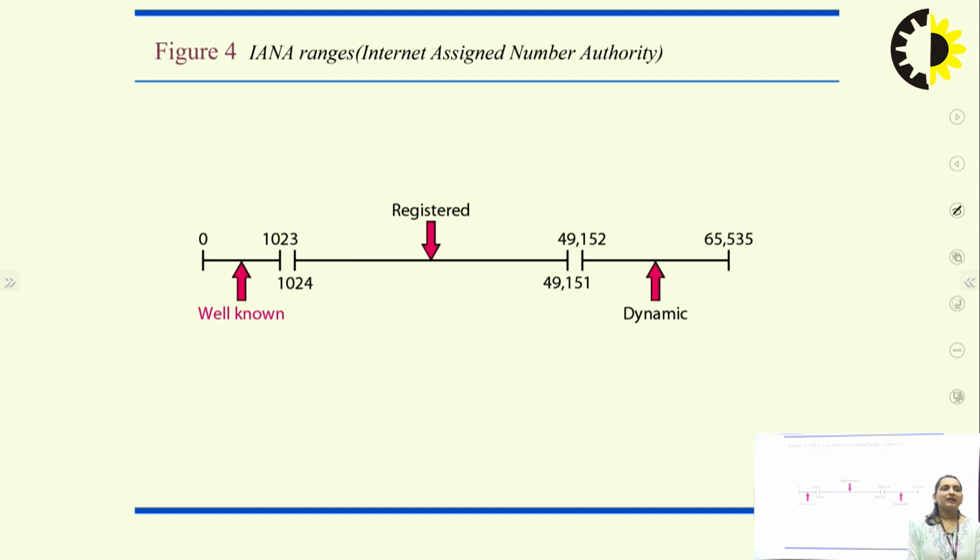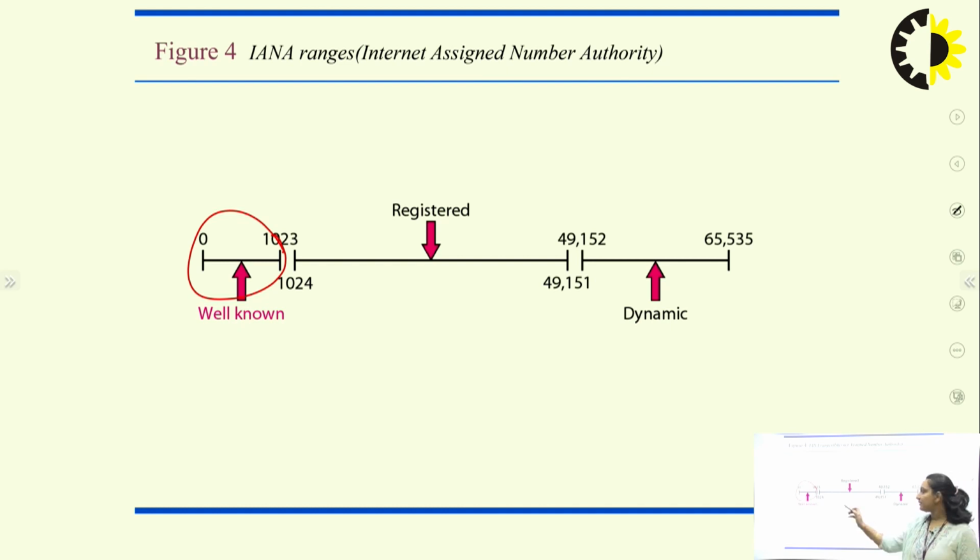We have the IANA range, that is the Internet Assigned Numbers Authority, for port numbers. We have 0 to 1023, which are the well-known ports. We assign these, because port 80 and port 101 are well-defined ports which we use in our daily life.